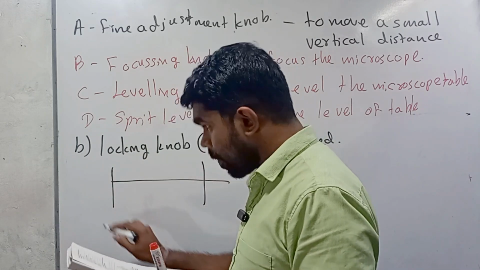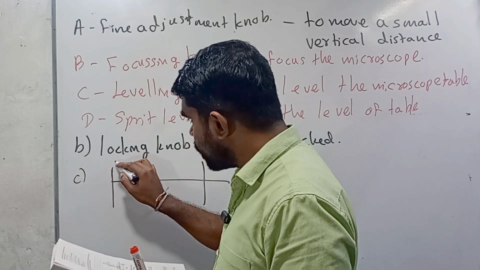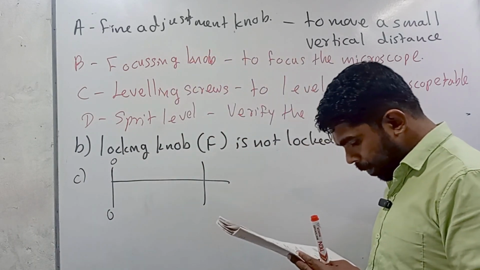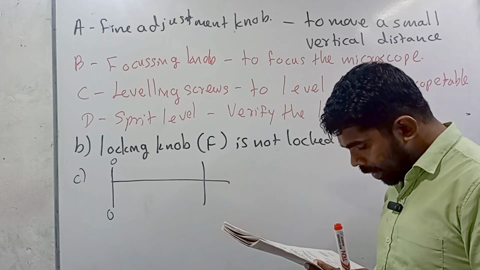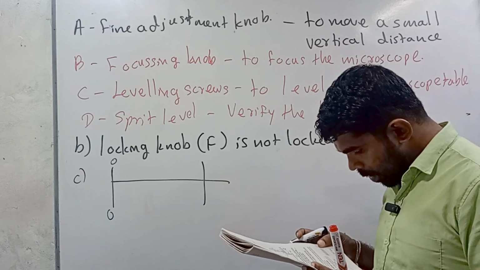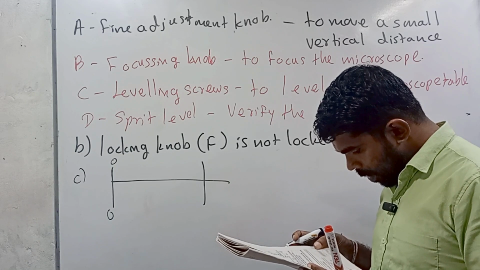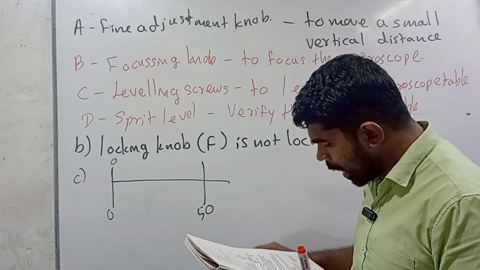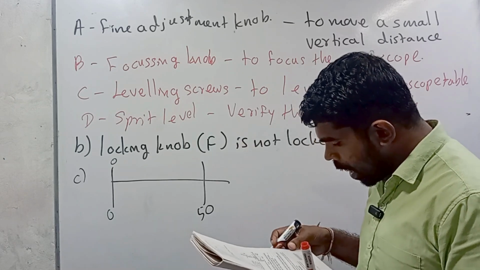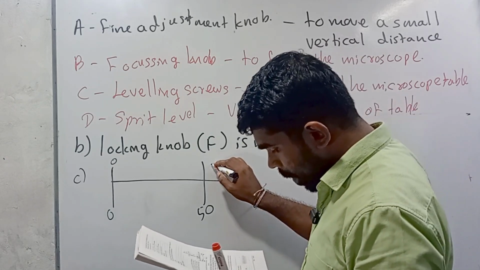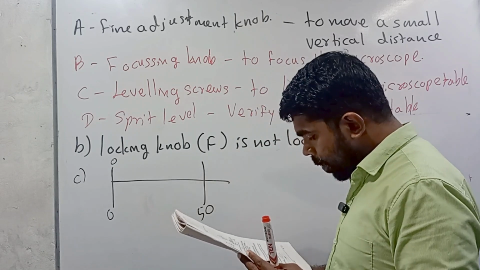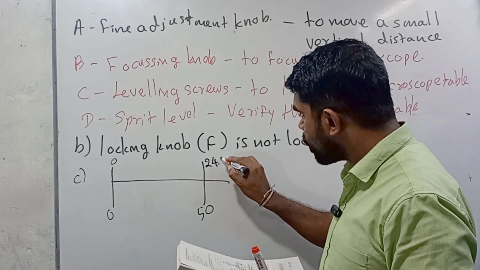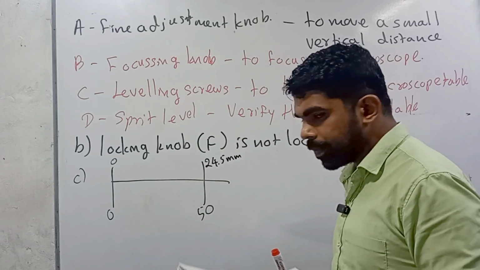You can identify that the two 0 points are coinciding, and the 50th part of the vernier scale is coinciding with the upper part, which is 24.5 millimeters.